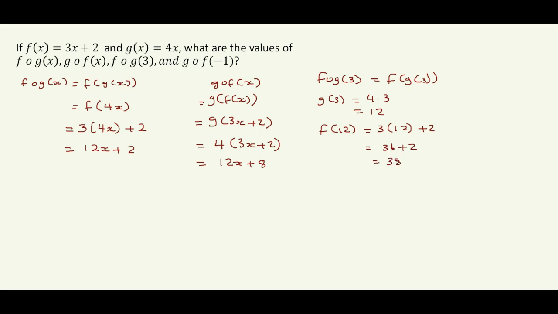Then g o f of minus 1 is g of f of minus 1. So let's look for f of minus 1. This is going to give us 3 multiplied by minus 1 plus 2, which will end up at negative 3 plus 2, and we get negative 1.